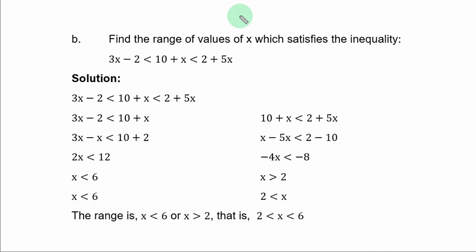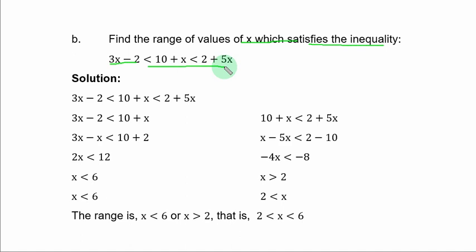Question 8b. Find the range of values of s which satisfies the inequality. You have 3s minus 2 less than 10 plus s less than 2 plus 5s. You cannot obtain a direct solution with this form of inequality. It has three parts.